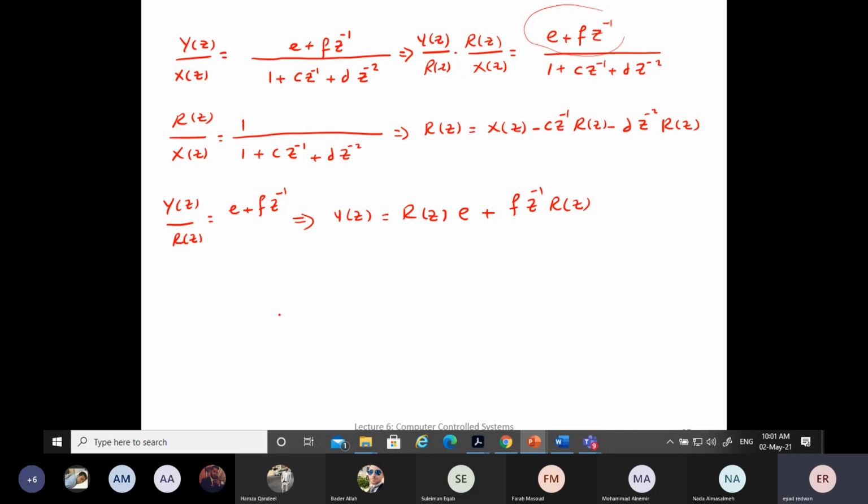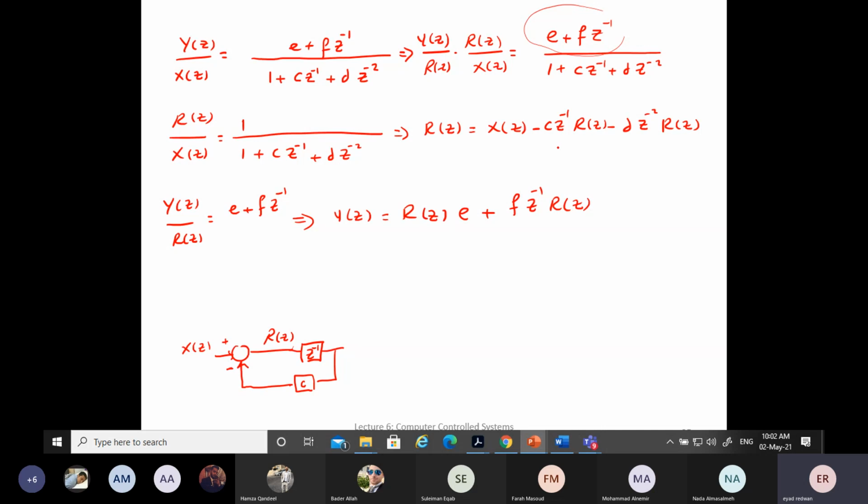So if you come to the implementation, again, you have an input, which is, let me take it a bit down here, X(z), then you generate R(z) from here. Now, R(z) equals X(z) minus c z inverse R(z), so I will put here one delay unit z inverse, and then I will multiply it by c and feed it back here, subtracted.